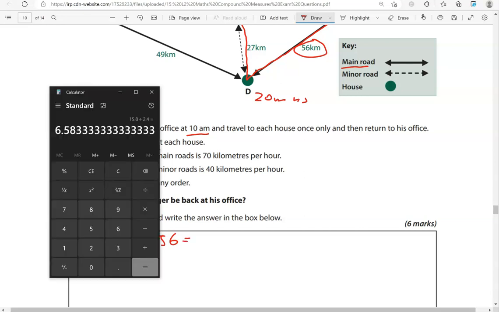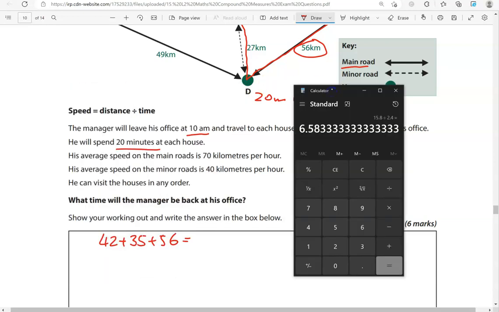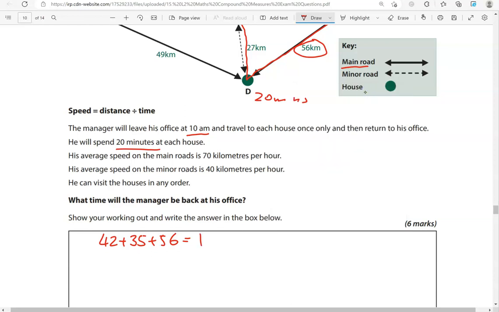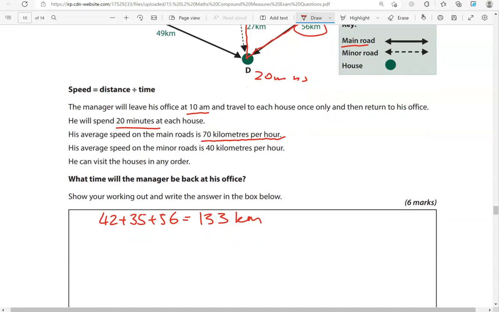So that gives us the total distance on the main road, which is 133 kilometers. We know the speed is 70 kilometers per hour for the main roads.